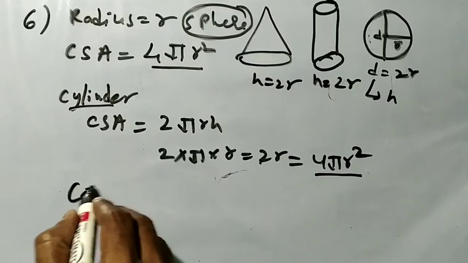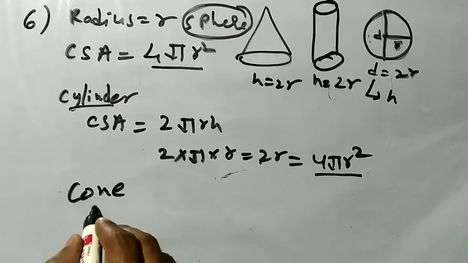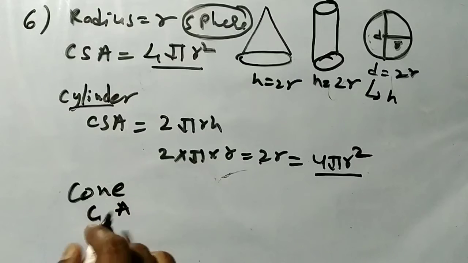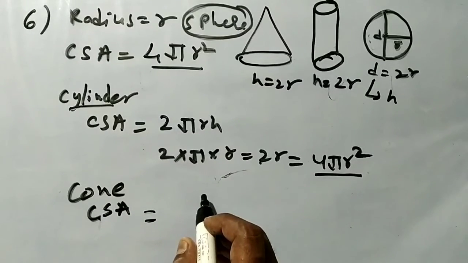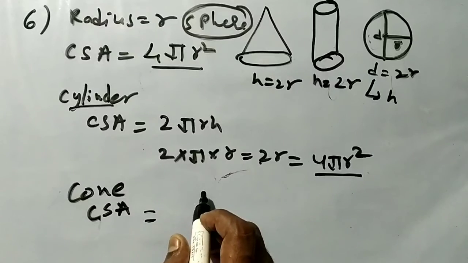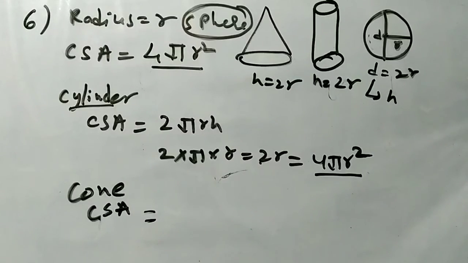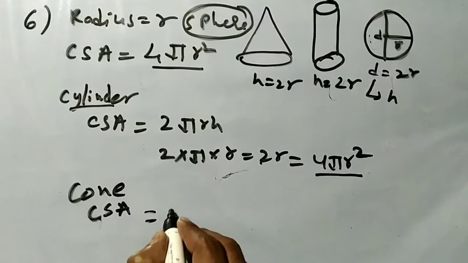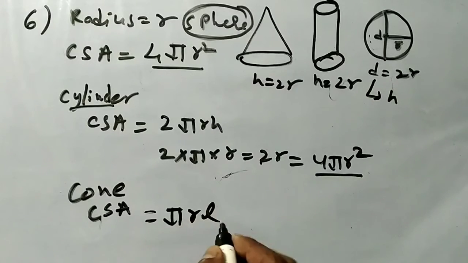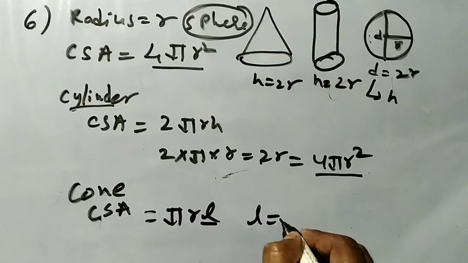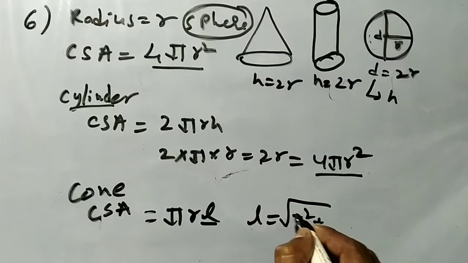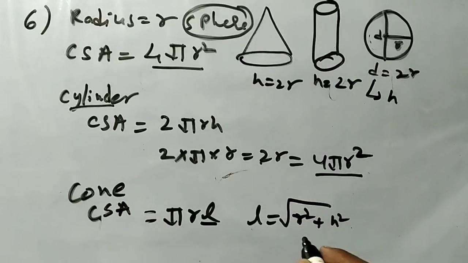And take the cone. What is the cone CSA? That is pi RL, but here L is not given. We know that the slant height is equal to the square root of R square plus H square. Let's find L first, then we go to the CSA.